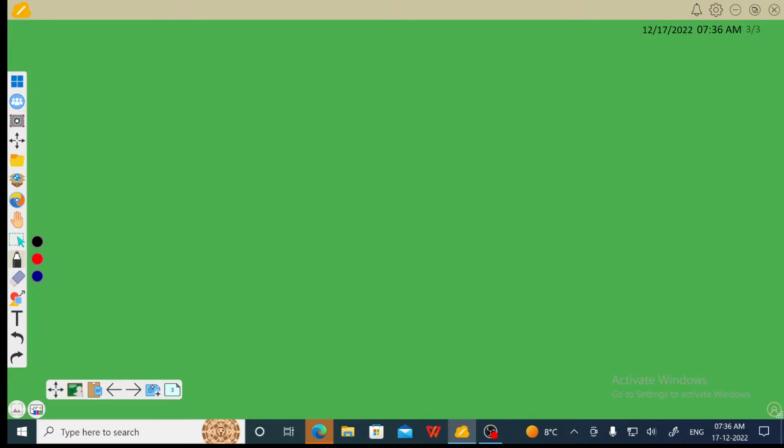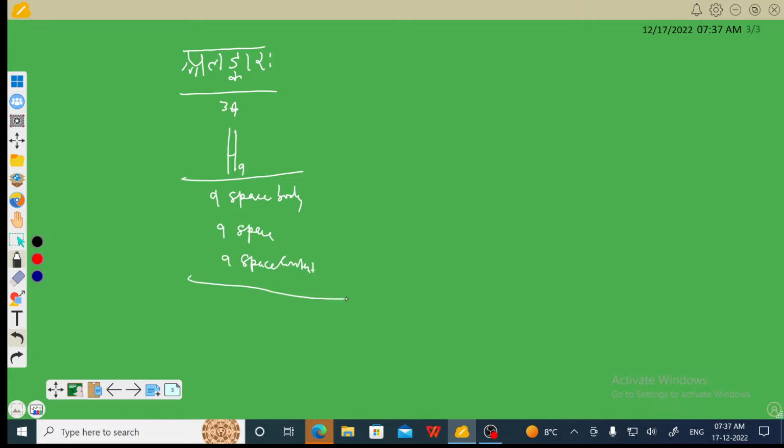Therefore, 9 space body and from here to 9 space content, interpretation of the Sakal Rigved Samhita and other Vedic scriptures is to be reached at.